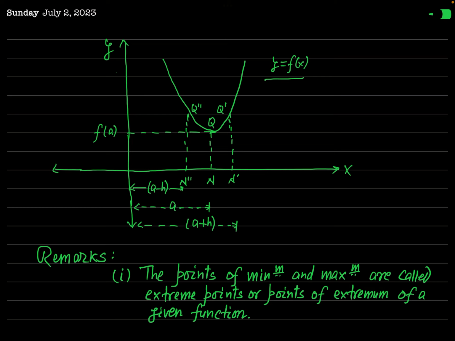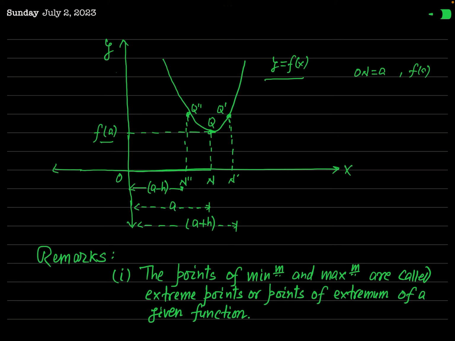You can see I have considered a point Q corresponding to which the x coordinate is equal to ON, and this ON is equal to A. And corresponding to this point, the value of the function is f of A. Now again, we consider two close points, the first one is Q dashed and another is Q double dashed on the same curve.